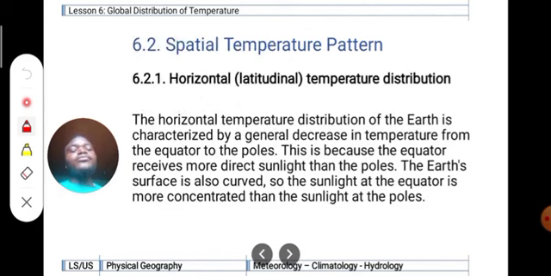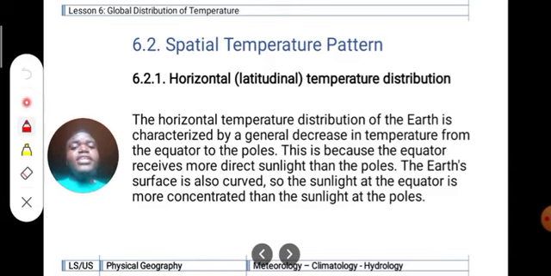Let's move on. We shall be talking now about the spatial distribution of temperature over the Earth's surface. And under that, we shall start by looking at the horizontal or latitudinal distribution of temperature.